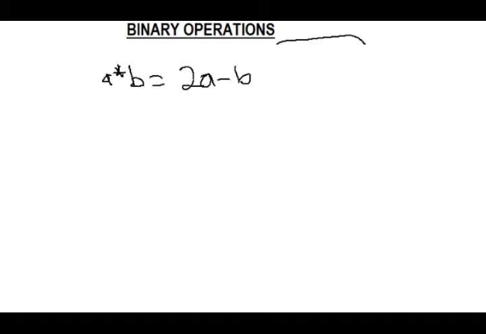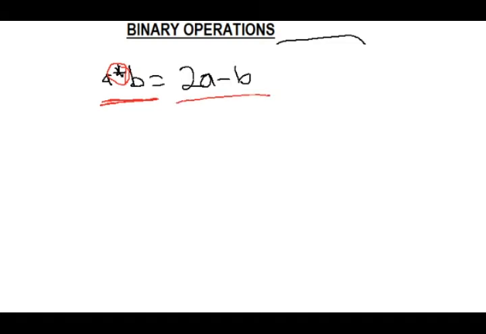It means that when the question is given, A and B are combining under the asterisk operation, under the rule 2A minus B. You understand? So if we get a question like this, A and B are the main thing we are looking at, and they are combined under this operation, under this rule.